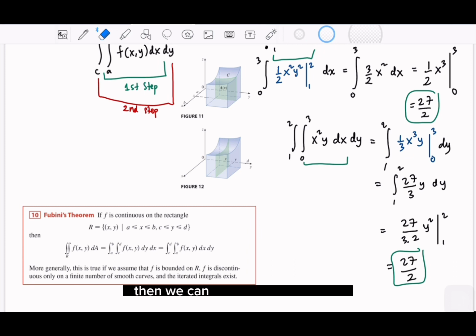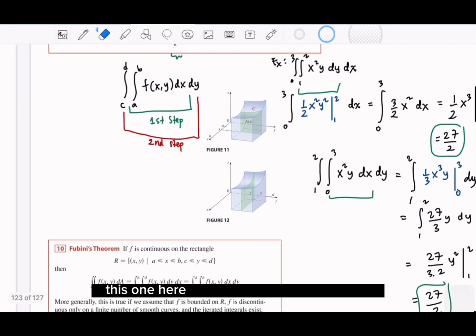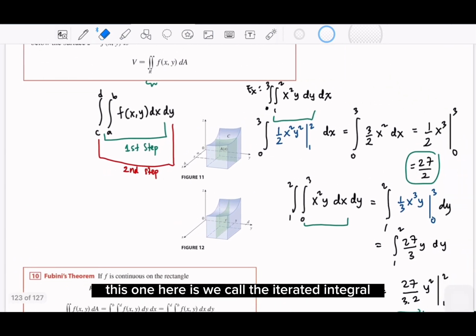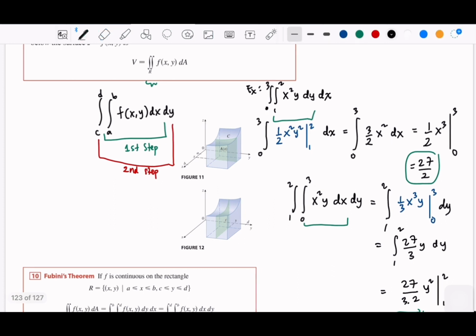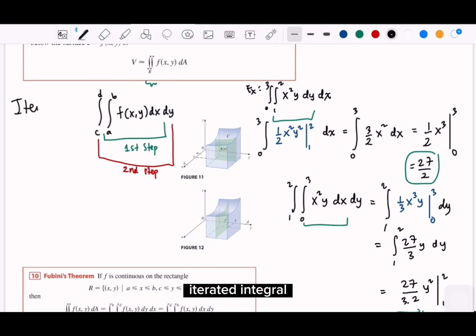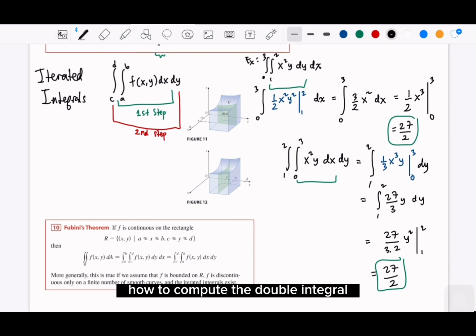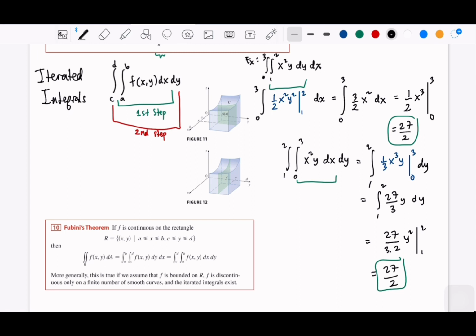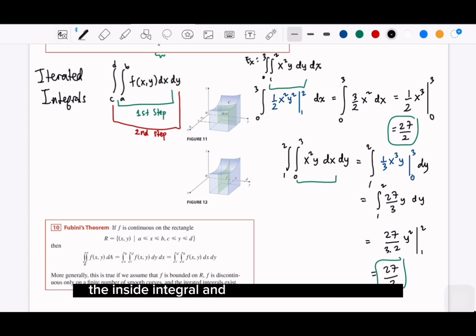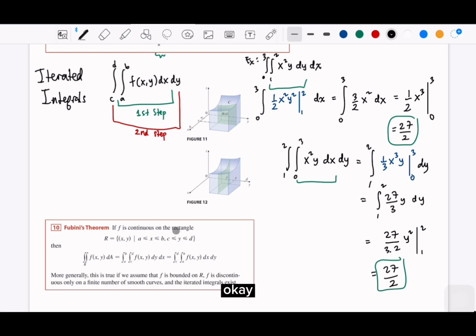This is what we call the iterated integrals method, which describes how to compute the double integral or the multiple integral. We compute from the first step, the inside integral, and then compute the outside.